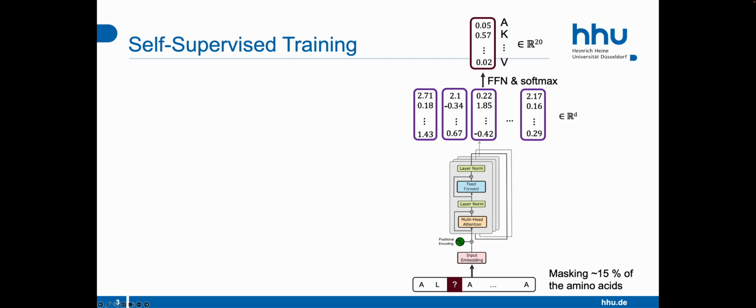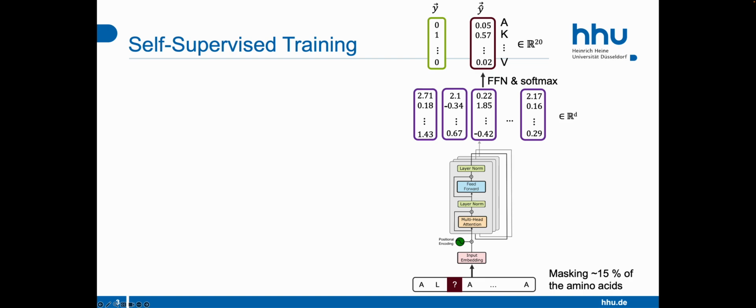So how do we train the model to predict the correct amino acid for the masked positions? For all the masked positions, we can create a binary vector with all zeros and a single one, indicating the true amino acid at that position.